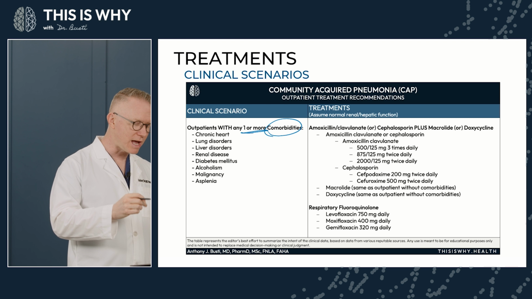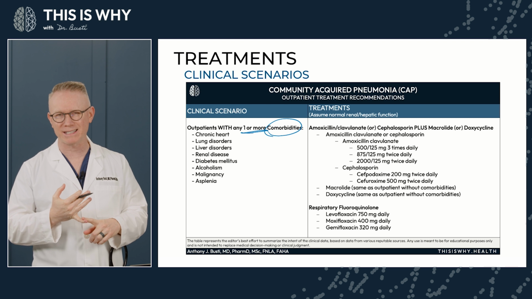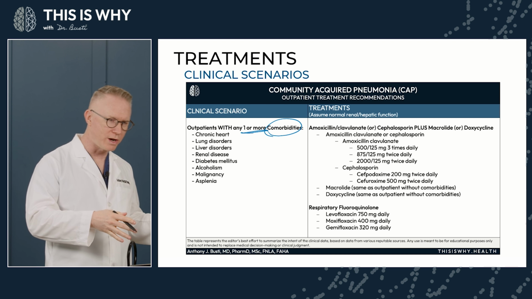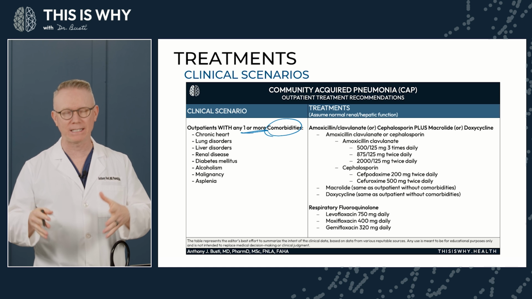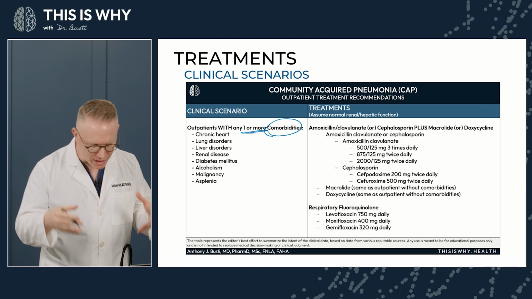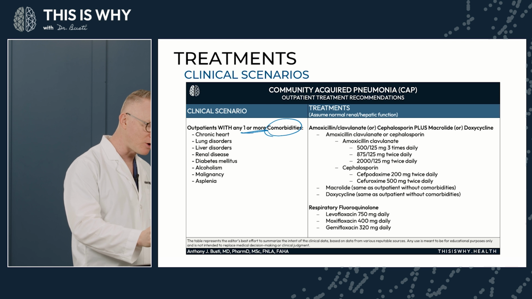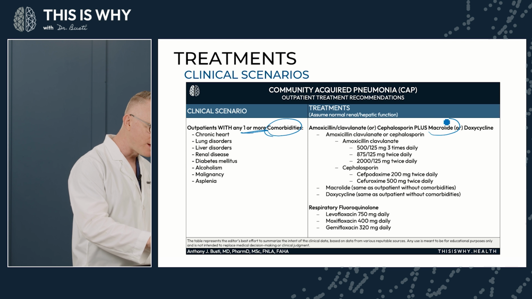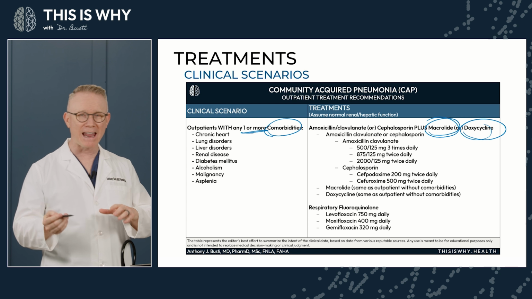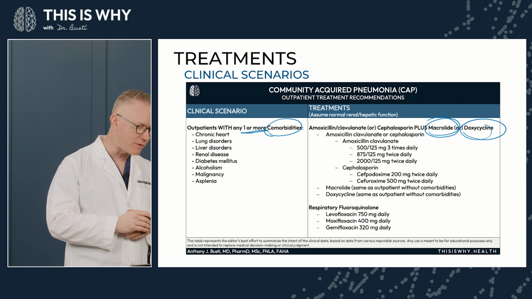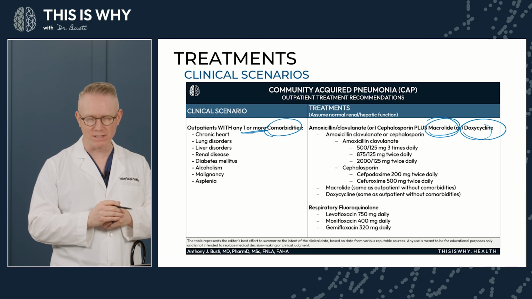Drugs like macrolides will get inside of the cell at higher concentrations. Fluoroquinolone antibiotics will cover atypical organisms because of their intracellular penetration. And so that's where you see, with comorbidities, the addition of macrolides or doxycycline being added to the beta-lactam, because the beta-lactams are not going to be able to cover those atypicals by themselves.